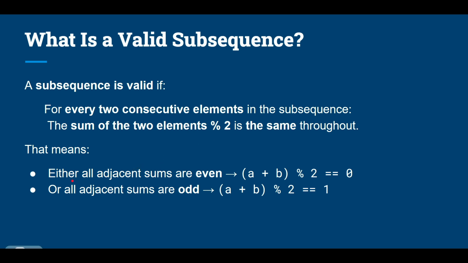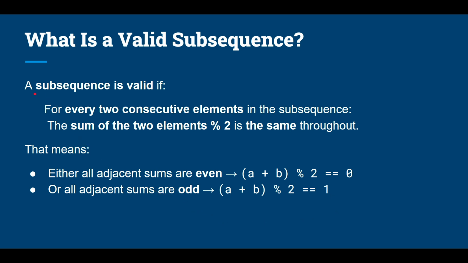That means either all the adjacent sums are even, so if we take a plus b, mod 2 should be equal to 0, the remainder should be 0. Or all the adjacent sums are odd, and the remainder comes 1. So if the mod comes 0, the sum is even, and if it comes 1, it means the sum is odd.